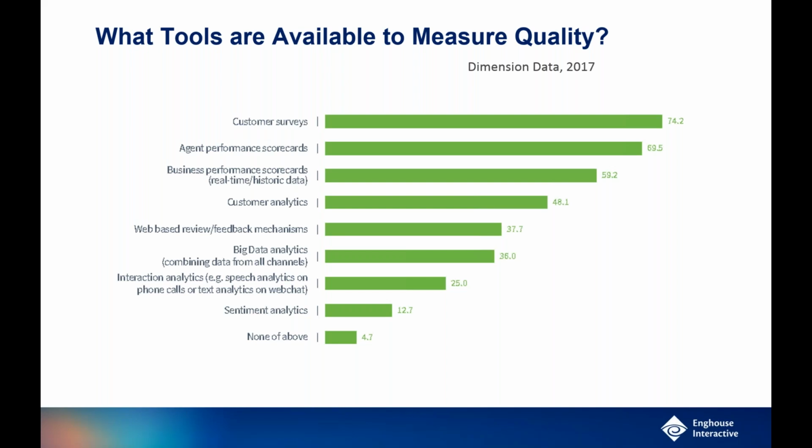And then we kind of go down the chain here to lower and lower frequency as you move on. And you can see that some of the more sophisticated, what you might call artificial intelligence based measurements of quality, like running interaction analytics or analyzing the sentiment or the feeling of customers. Are they happy or are they dissatisfied with your level of service based on the interaction content?